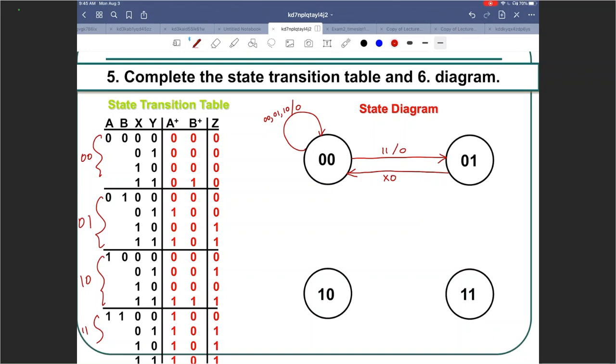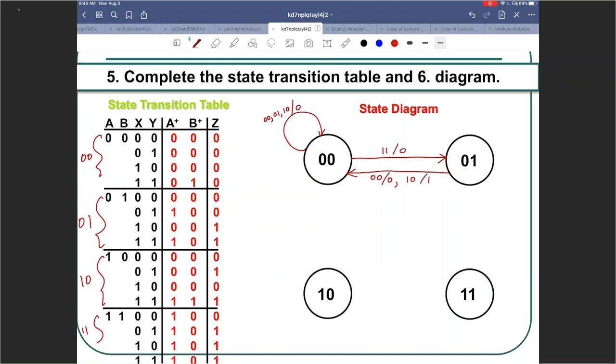I go back and the outputs are different, so I cannot write just one output: 0, 0 slash 0, comma, 1, 0 slash 1. So for both those, you go back.